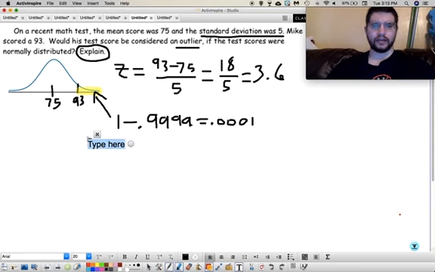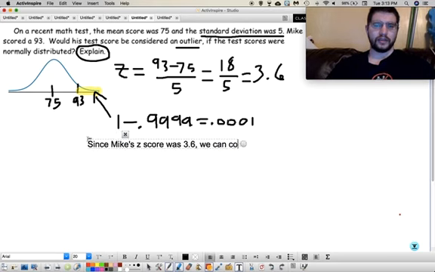So here's something to write down. Since Mike's z-score was 3.6, we can consider this test to be an outlier.